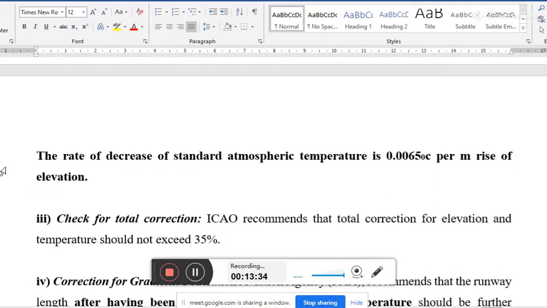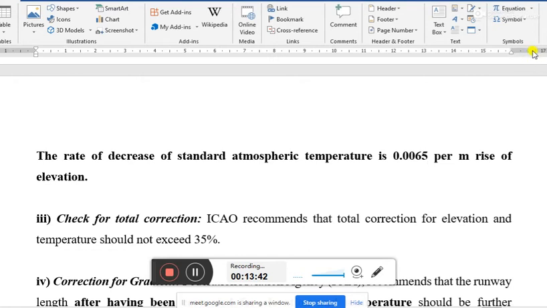And this one, I think you have the idea about this one, that is the increase or decrease of temperature with elevation. The rate of decrease of standard atmospheric temperature is 0.0065 degrees Celsius per meter rise of elevation. About this you have studied in physics.